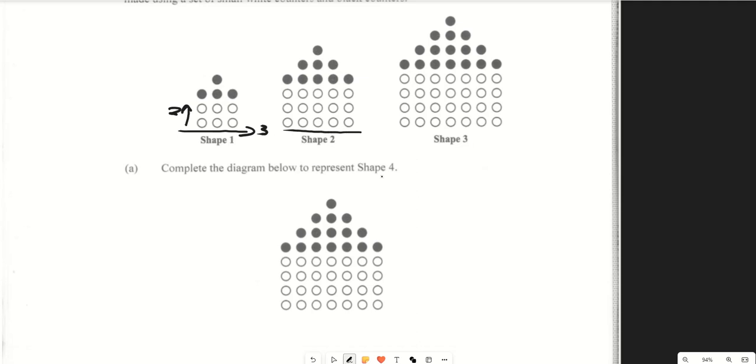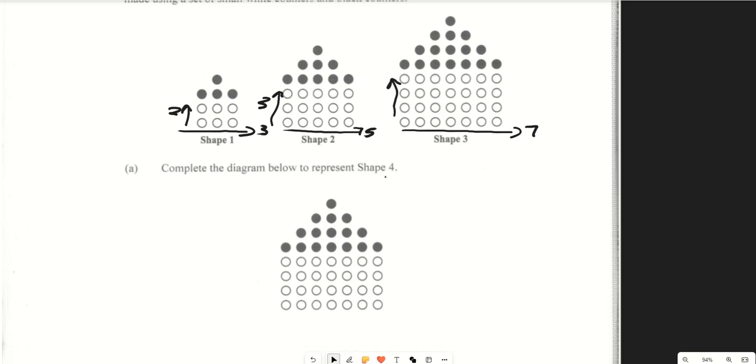Horizontal here was 5, the vertical was 3. So you can see that your vertical is actually increasing by 2. Let's make sure: 1, 2, 3, 4, 5, 6, 7. So this is 7, and this would only increase by 1.